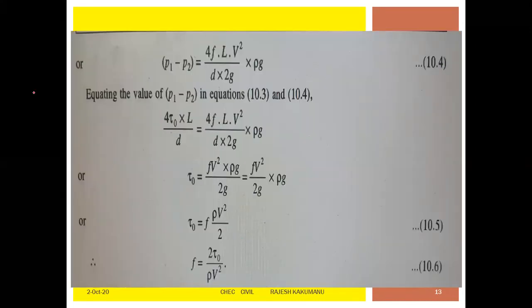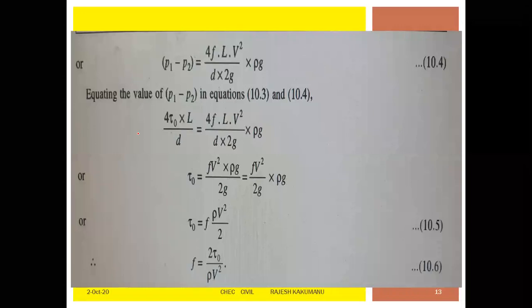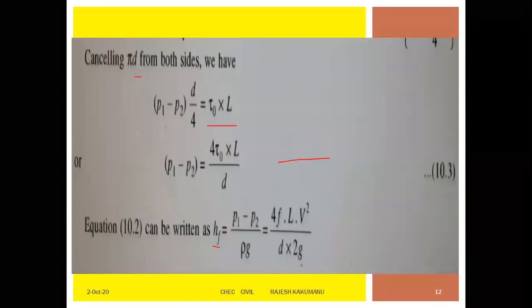Now, equating the value of P1 minus P2 in the equations 10.3 and 10.4, how are we getting the equation? What did we take before? P1 minus P2 is this one.